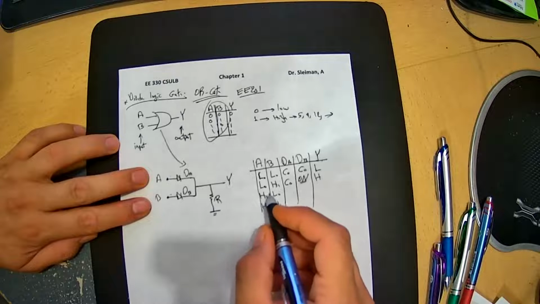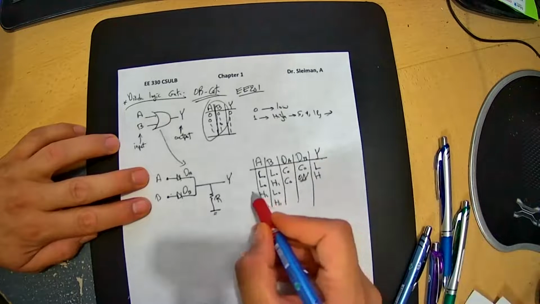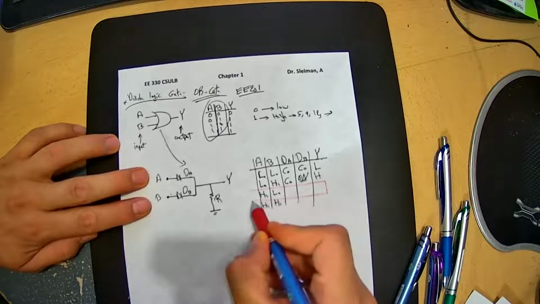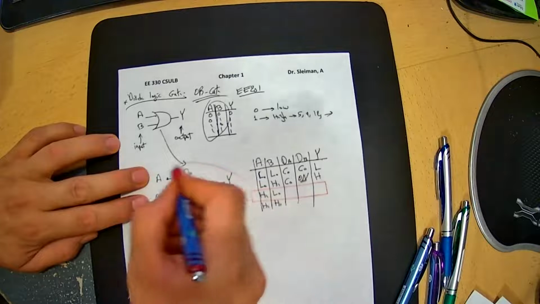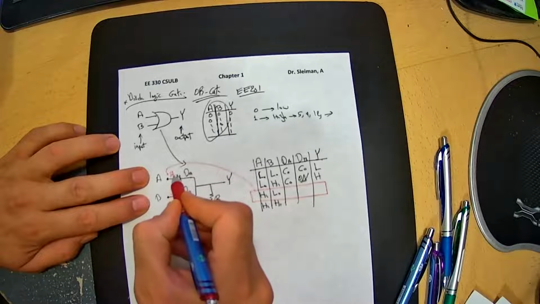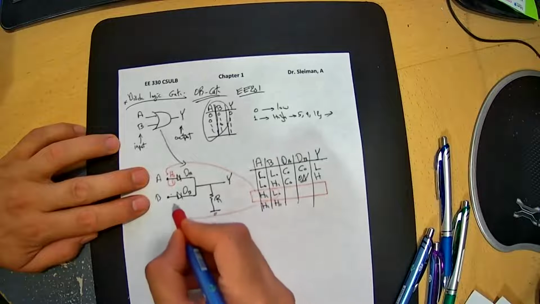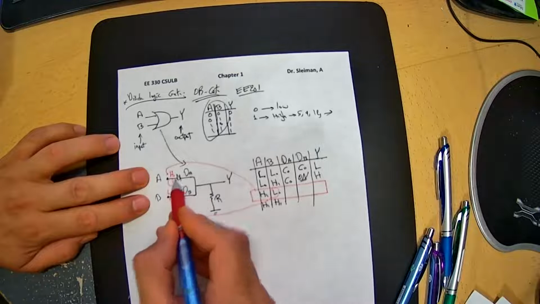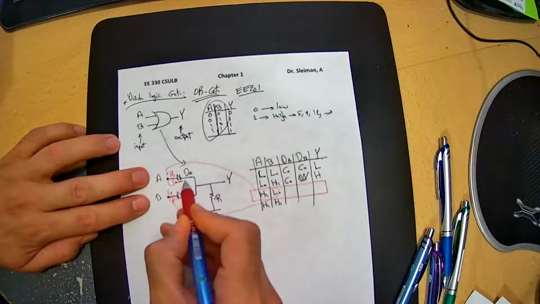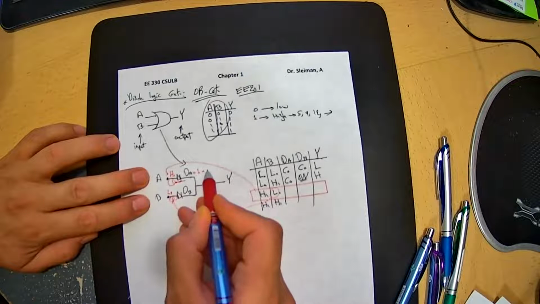For those who did not understand these two, I'm going to elaborate a little bit more about how we get this. I'm introducing high to A, which means 1, and I'm going to introduce low, which is 0, to B. So most likely A is forward bias, acting like a short circuit. So DA will be 1, which is on.